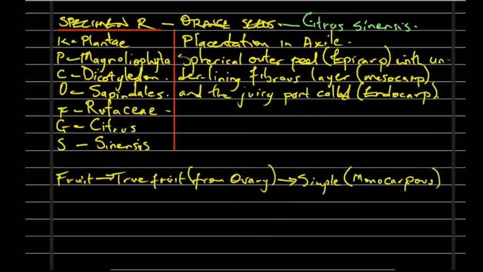That is, it produces a monocarpous flower, and then from there we have it to be succulent. It is succulent. And then it is also seen as a hesperidium. We have it as a hesperidium. And so those are the things that we need to look at talking about the fruit of the orange.